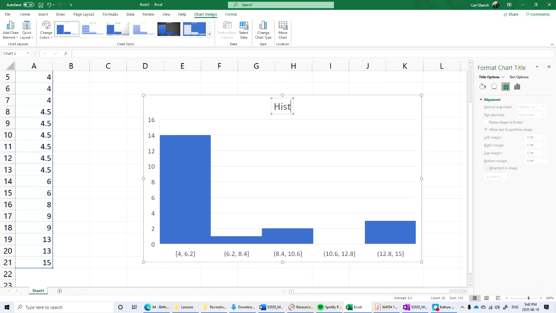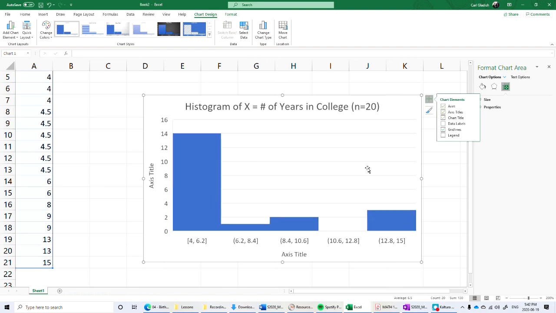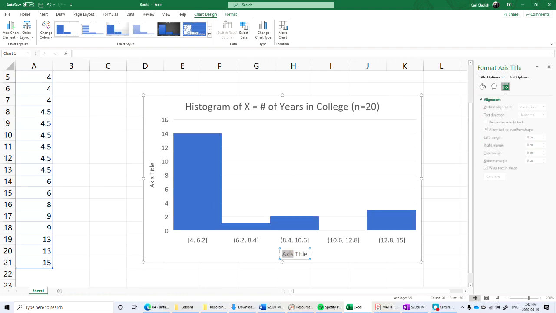So a histogram of X equals number of years in college. This is for a sample of 20. So I'm going to just copy and paste this into my other notes just so we have something to look at. X in years. So I'm not going to do a normal QQ plot because I'm already pretty sure this is not normal, right? This is frequency. So I'll copy and paste this.